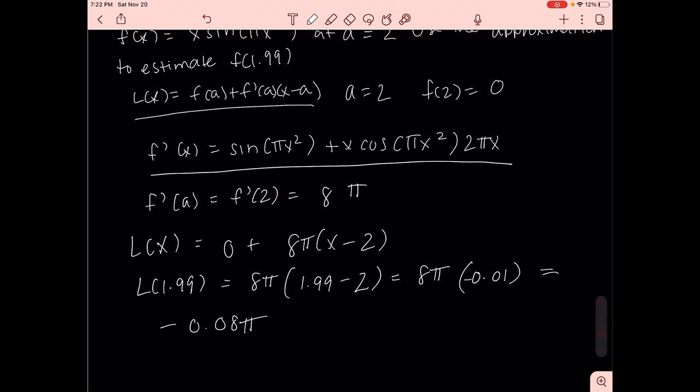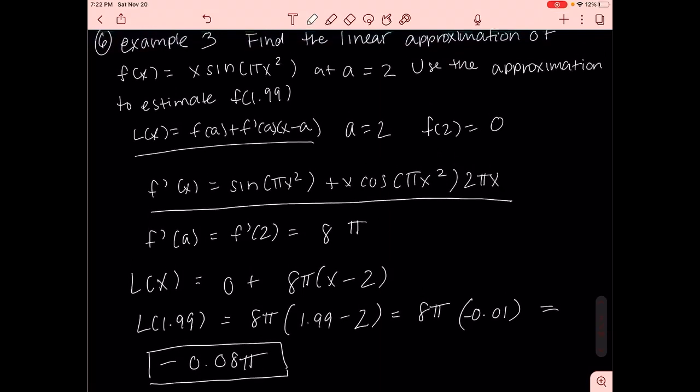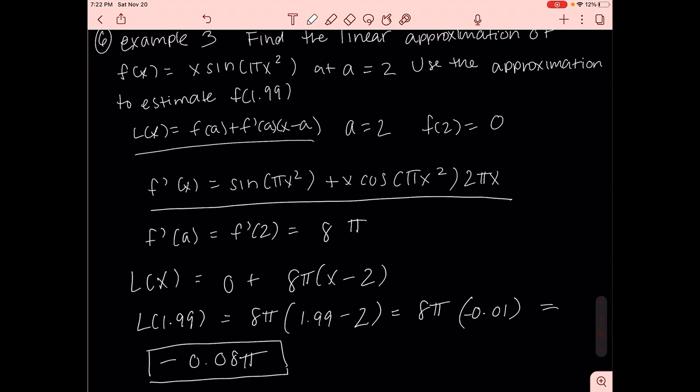There we go. Okay. And as always, you can check your work by calculating the actual value of f of 1.99 using a calculator and comparing that to the value here that you get through linear approximation.